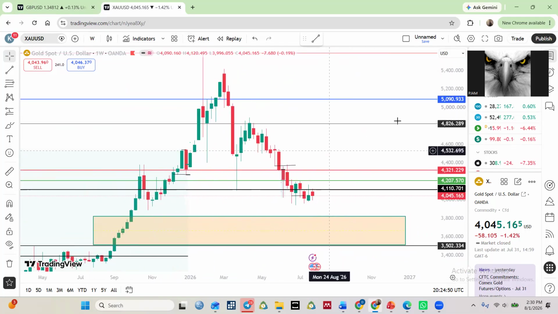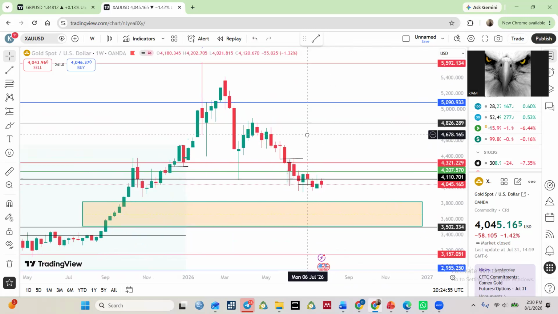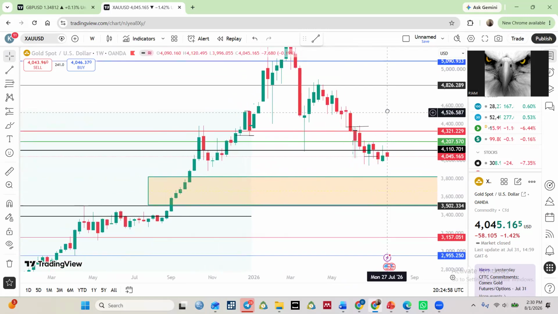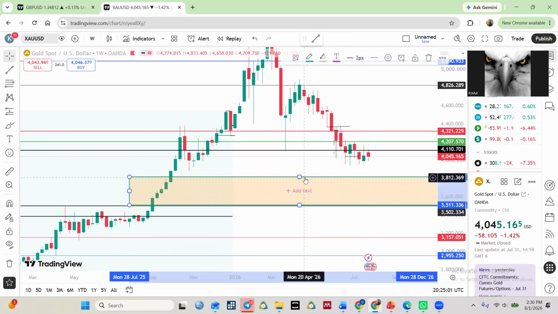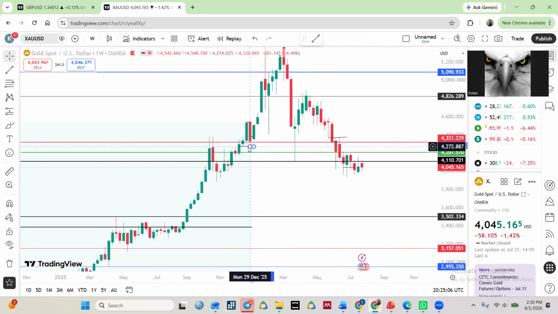So this is gold. Can you see? Yes, please. And this is the weekly time frame. Let me take my bigger zone out. Let me take these lines off so that it will be clear for you to see.